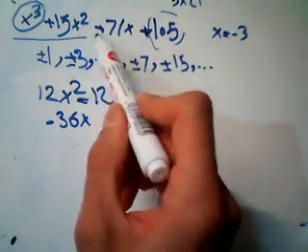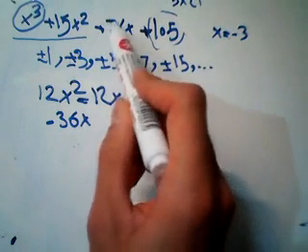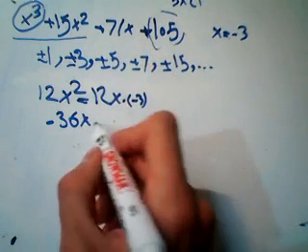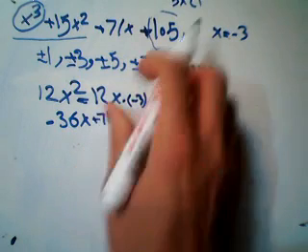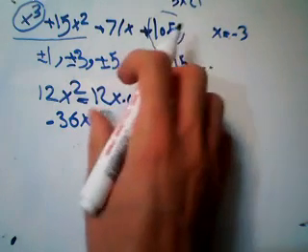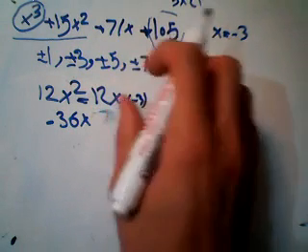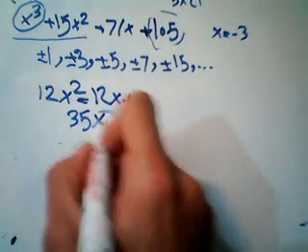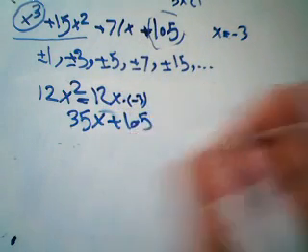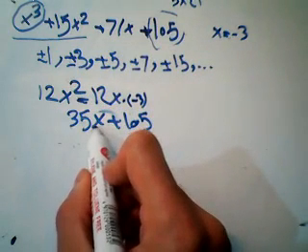Again, minus 36x plus 71x, would be 35x plus this, and substitute minus 3 here.